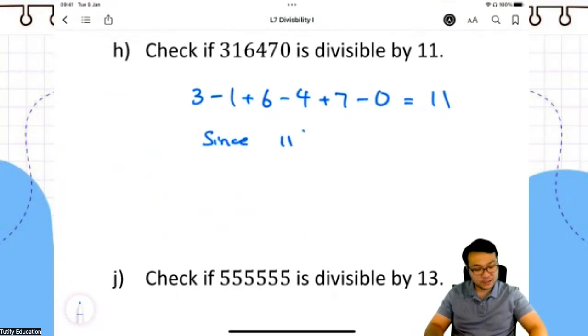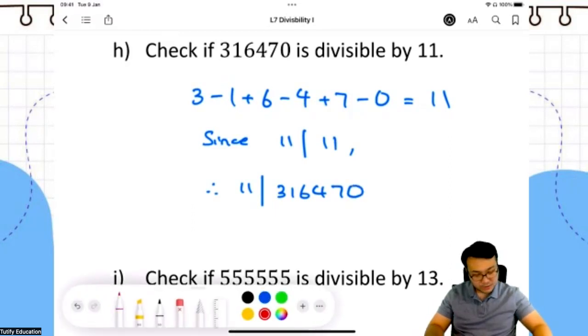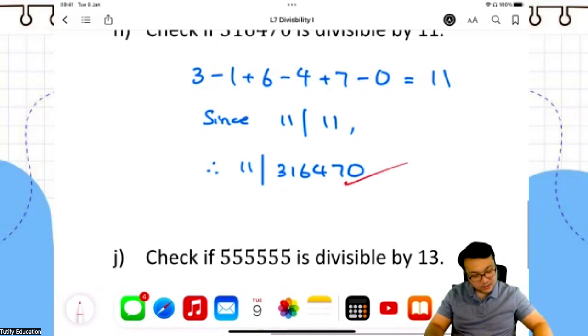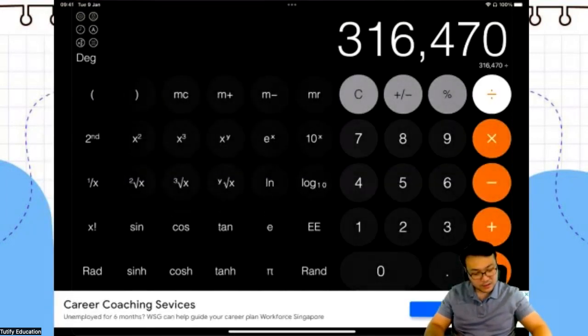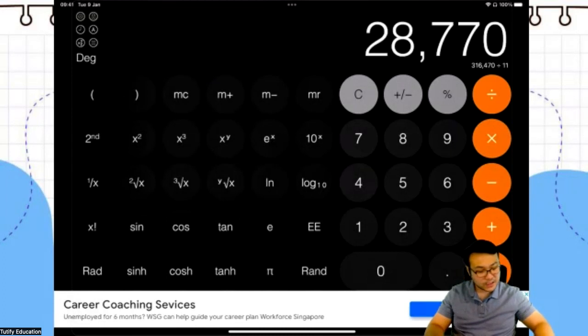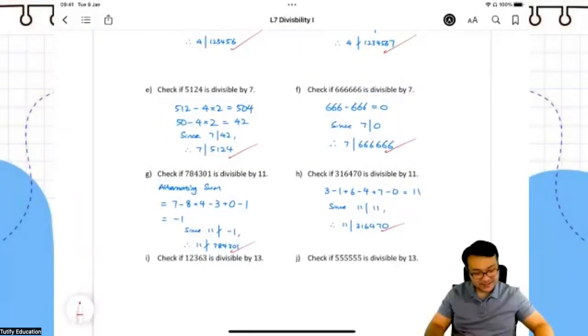Since the number 11 divides the number 11, therefore the number 11 divides the number 316470. Go to the calculator. 316470 divided by 11, and you get a very nice whole number. Okay? Any questions?